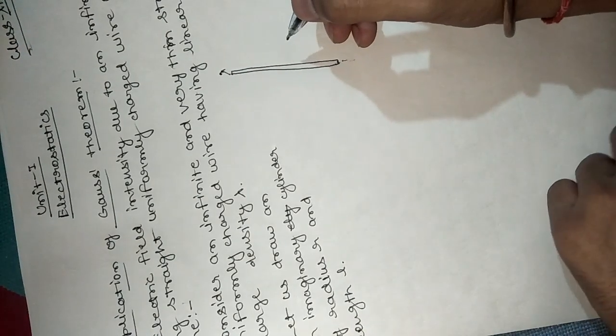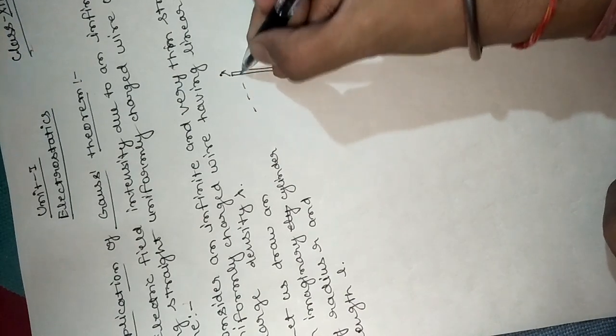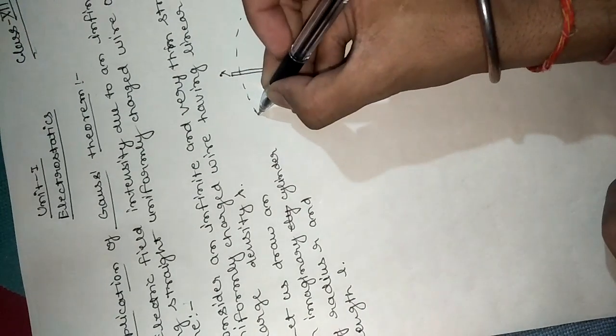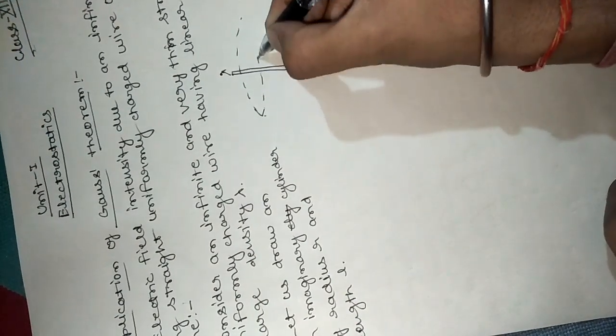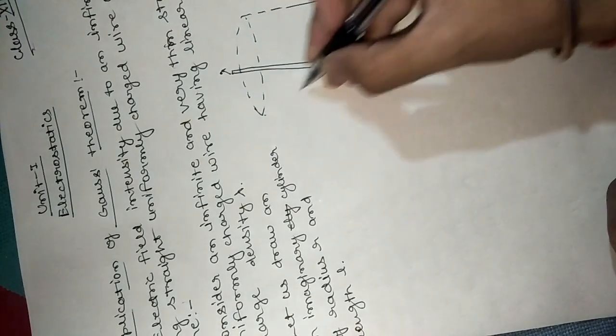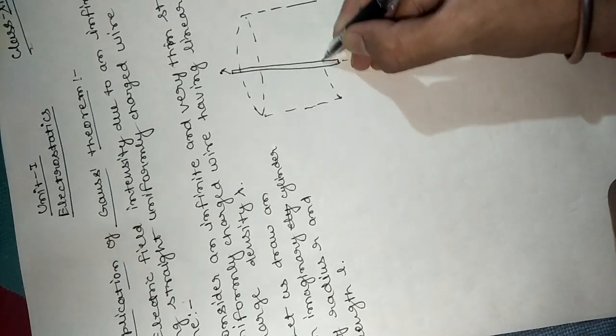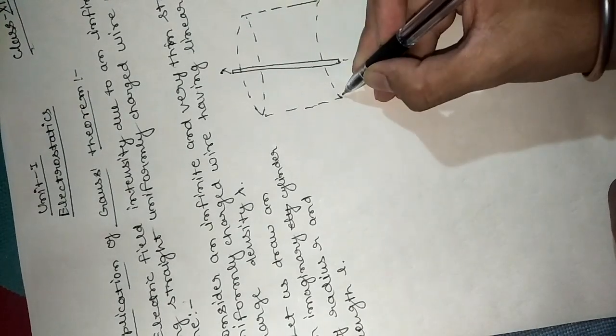To find the electric field intensity, we have to assume a particular cylindrical surface, called a Gaussian surface, around it, which is of radius small r and length small l. It is an imaginary cylinder, that is why I am drawing it in dotted form.